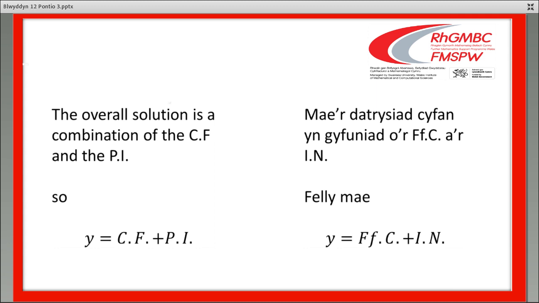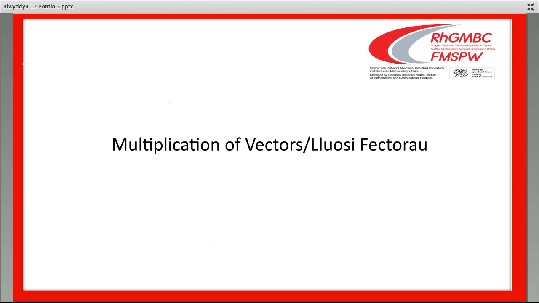Now, the last topic I want to look at is multiplication of vectors. Now, when you did Unit 1 Mathematics, you looked at multiplying a vector quantity by a scalar. So you had a vector and you said, right, I'm going to make it 3 times as long.